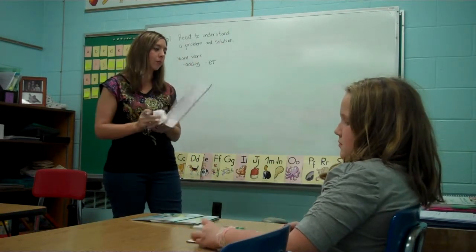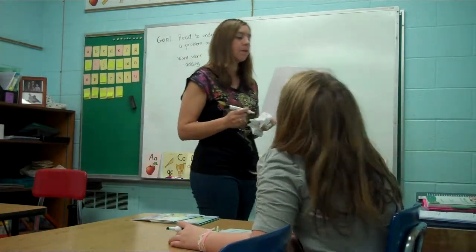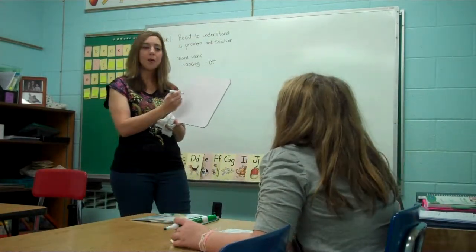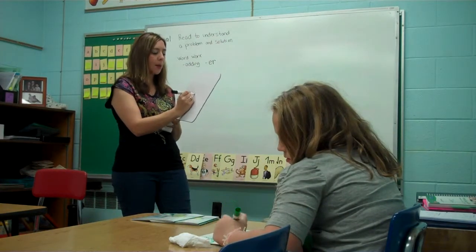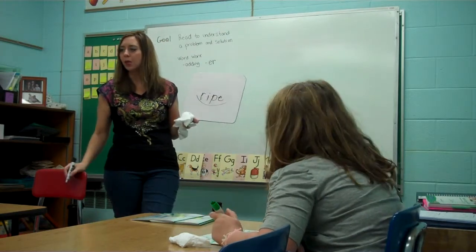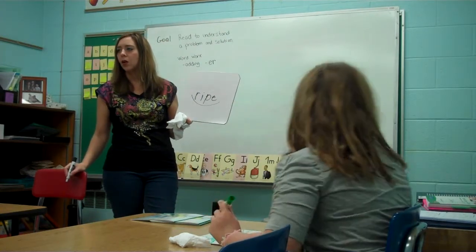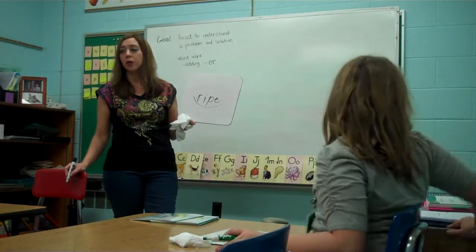Let's try another one of those. Let's try the word ripe, like a ripe banana. Brandon, what kind of syllable is this? Open? No, closed. It's not open or closed.